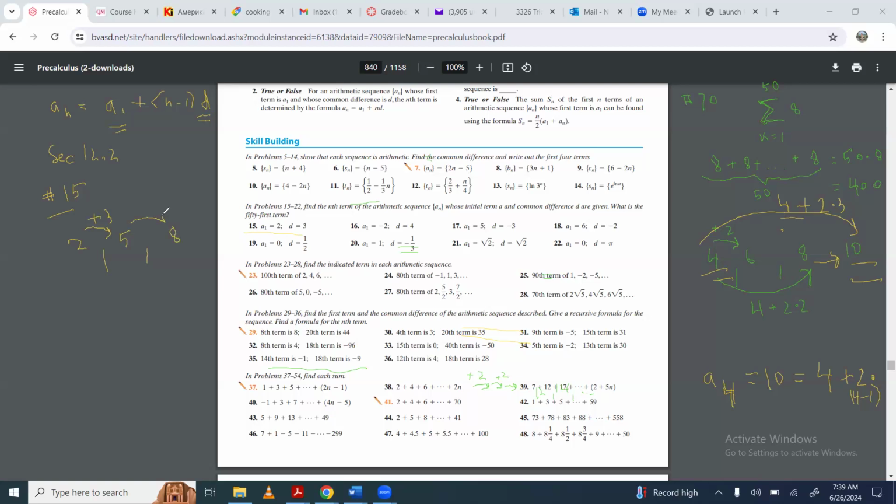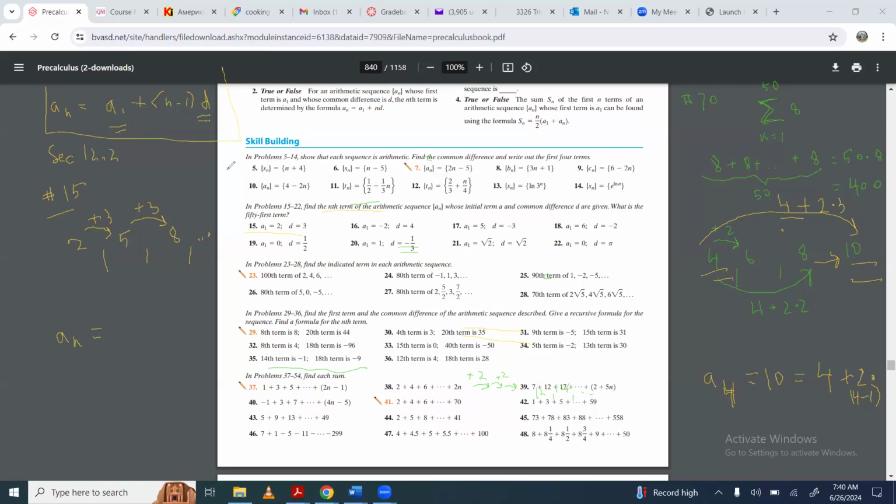So notice that knowing the difference, you can produce all of the terms eventually. Well, it's actually infinite, so you'll never be able to get all of them, but quite a few. So they say find the nth term. So that would be A index n here. And you don't have to think too hard if you have a formula.